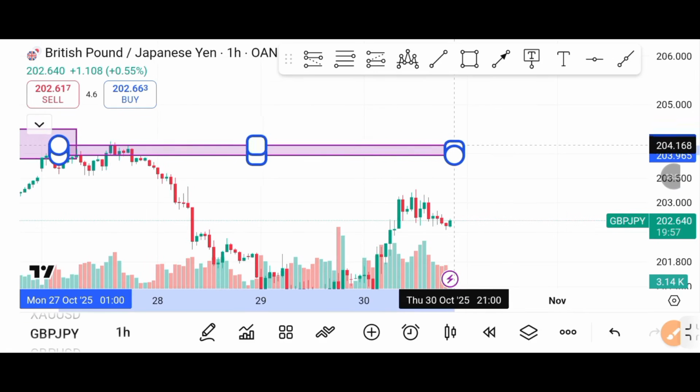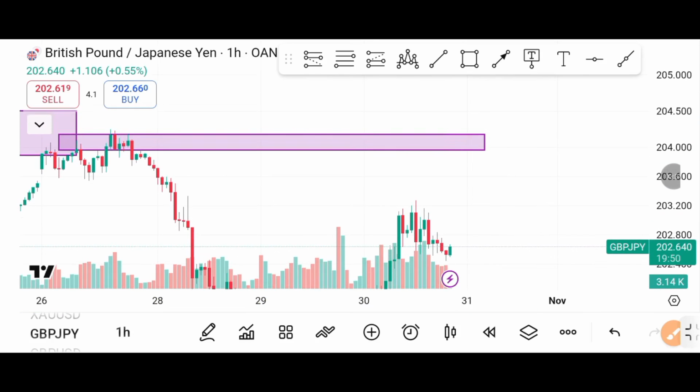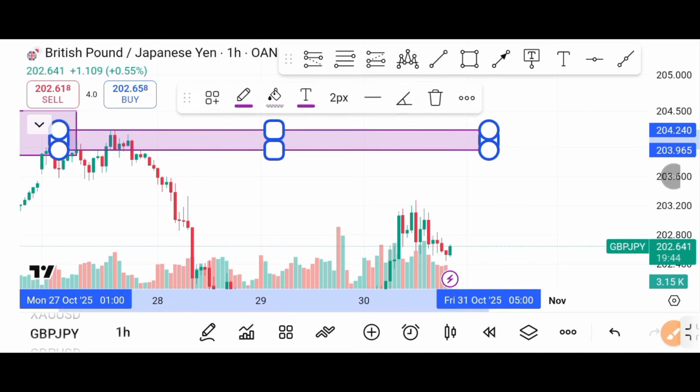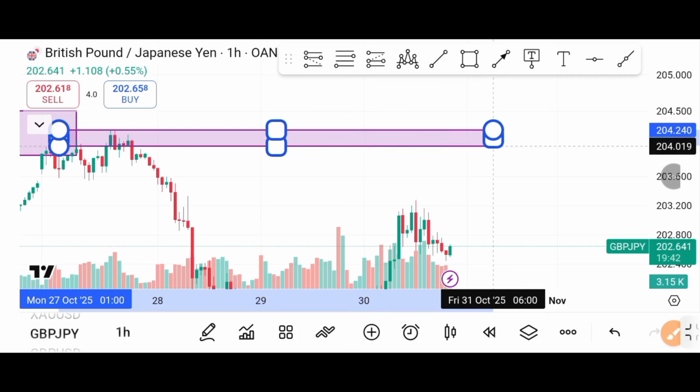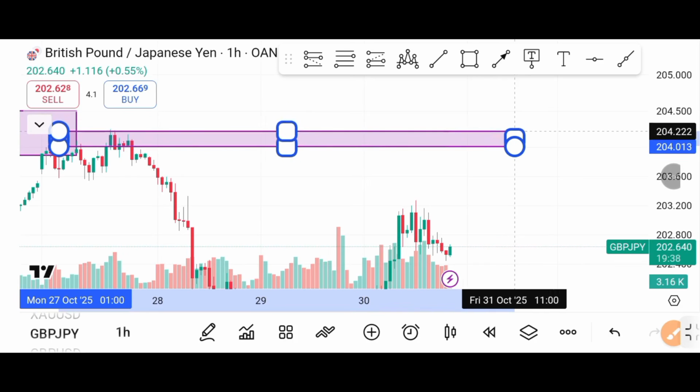This area, there's an order block resting here on the 1-hour time frame, so I have to extend it to the relevant area. So guys, what do you think? An order block is resting here, so we'll be expecting price to come back to this order block and tap us in.